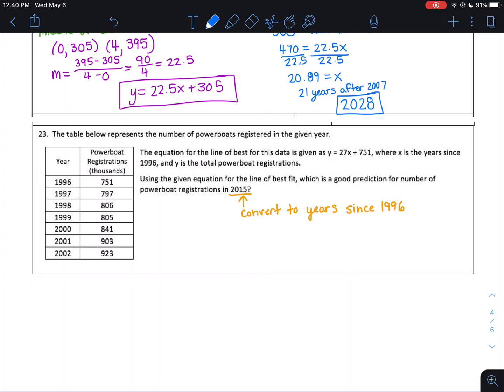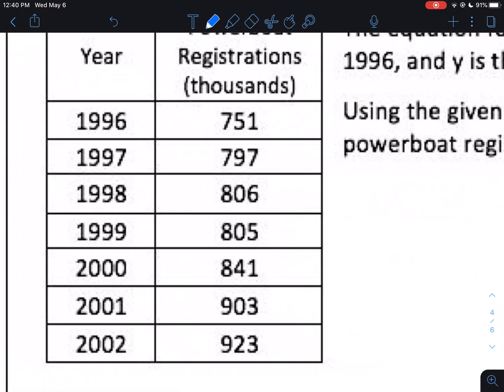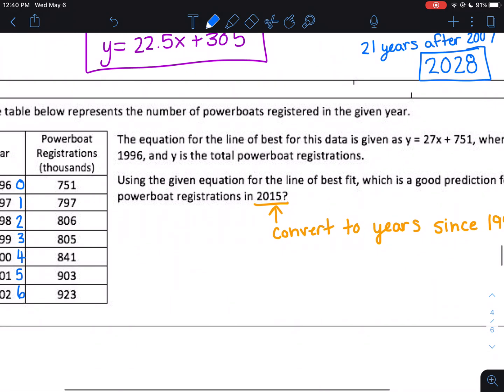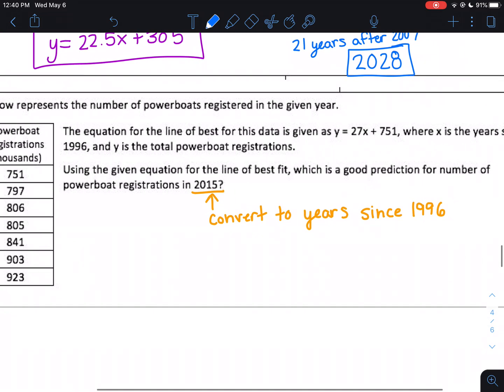Okay, so remember, if we're changing this to years since, that's going to be like 0, 1, 2, 3, 4, 5, 6, and so on. Okay, using the given equation for the line of best fit, which is a good prediction for number of powerboat registrations in 2015? So first, we're going to convert it to years since 1996, because that's what x is in this equation. So to use this equation, we need the variables to match up.